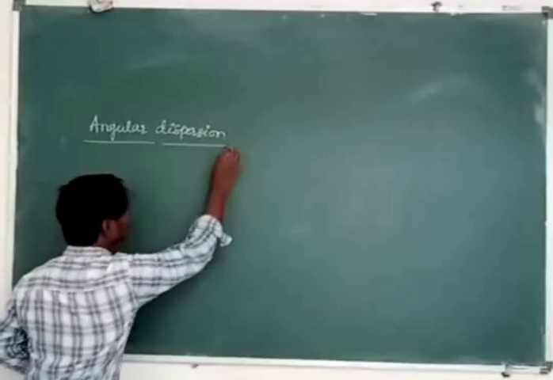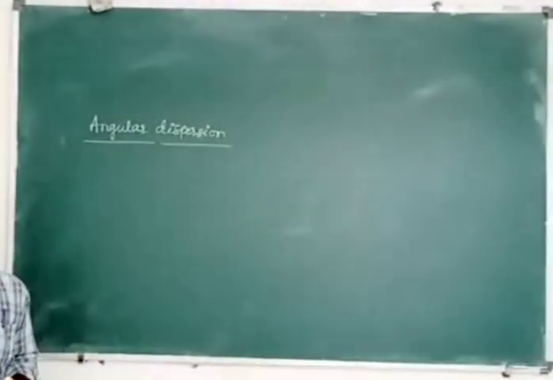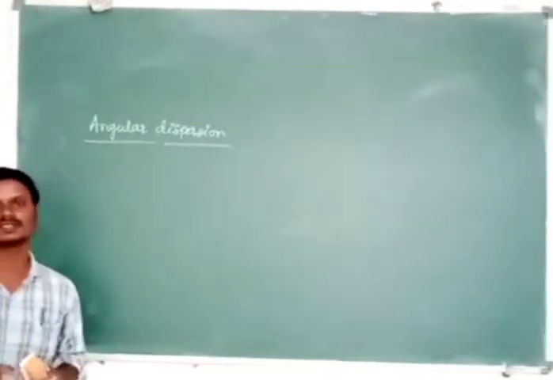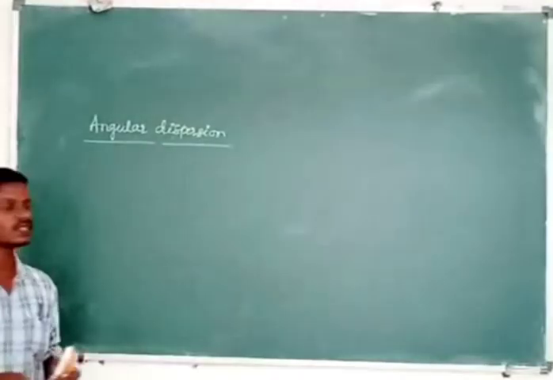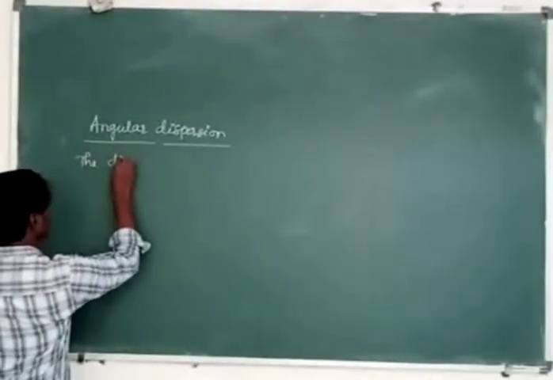The difference in angles of deviations of any pair of colors, or any two colors, is called angular dispersion of those two colors. What is angular dispersion here?